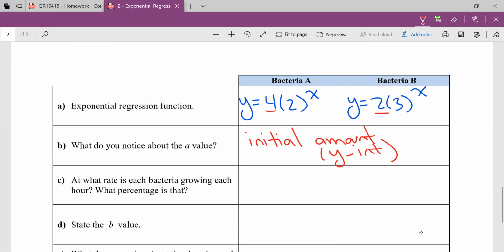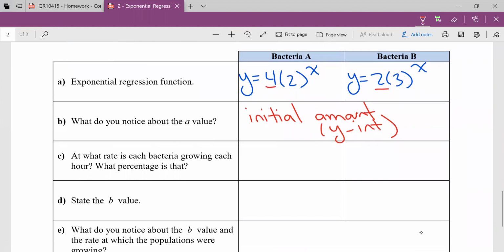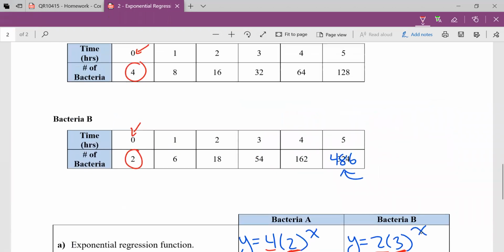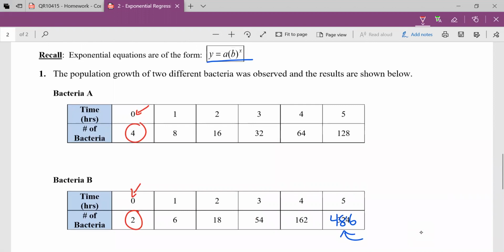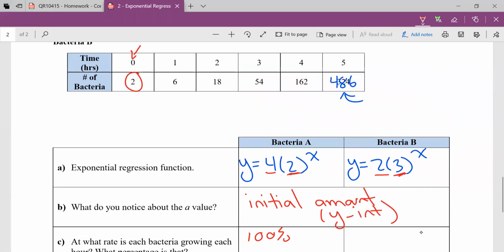Perfect. At what rate is each bacteria growing? Well, I'm going to look at the 2 and the 3. That's my rate of growth. For the first one, I'm going to say this one is growing at 100% every hour.